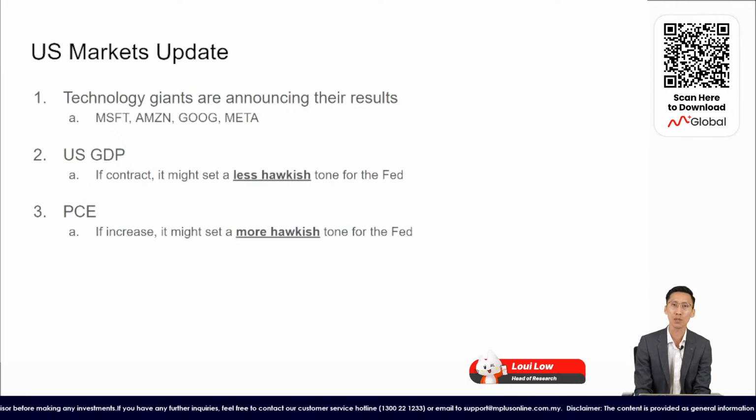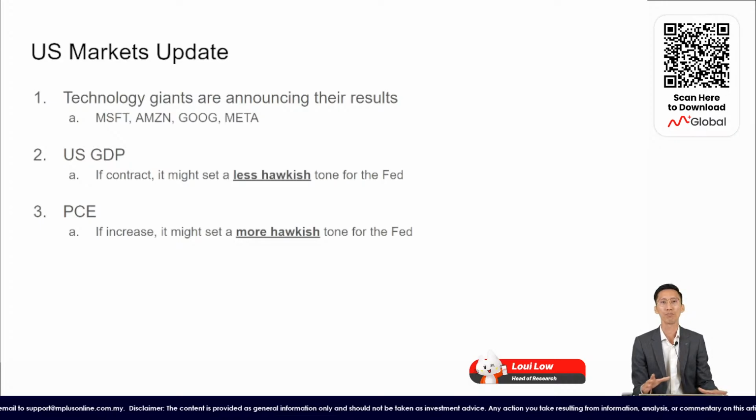Then the PCE numbers are a sort of inflationary indicator, and if this indicator is increasing, it might set a tone for a more hawkish FOMC result. Maybe they might go into more interest rate hikes going forward. So that's why, over the past 2 weeks, it has been a very, very narrow trading range in the US.